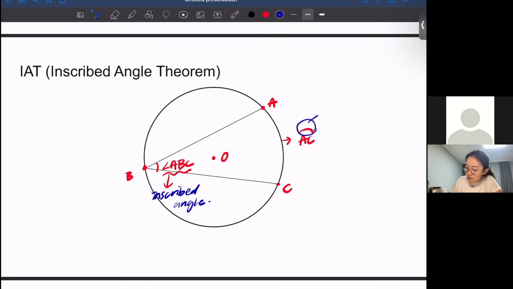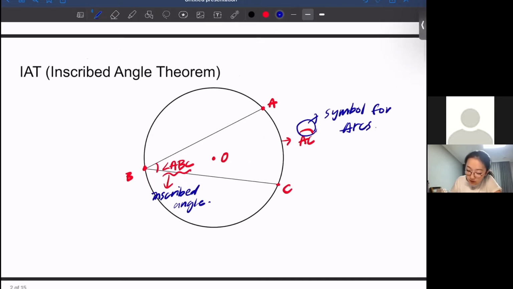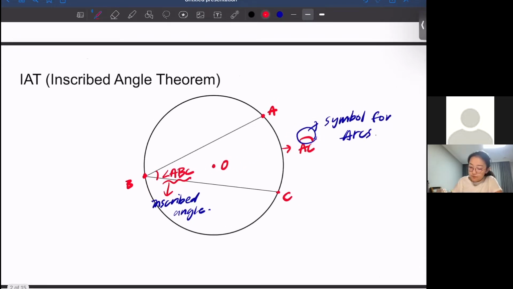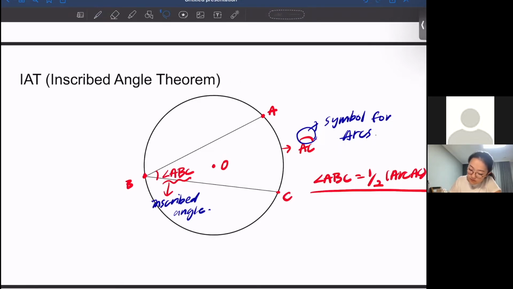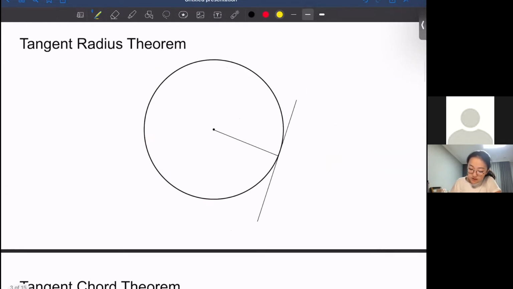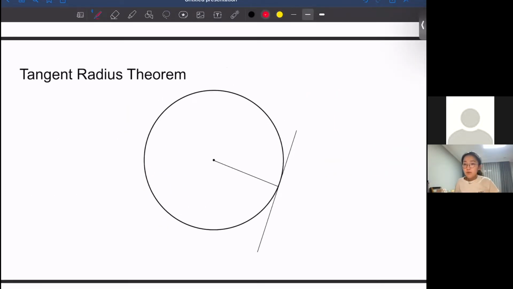This is a symbol for arcs. They also have a special relationship: angle ABC has half the measure of arc AC. This is what you guys need to really remember. It's a really important concept. And next, let's go right away to the next step.